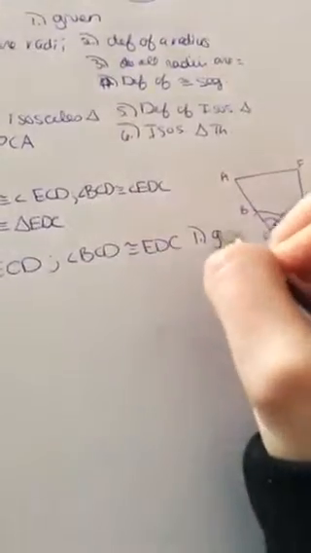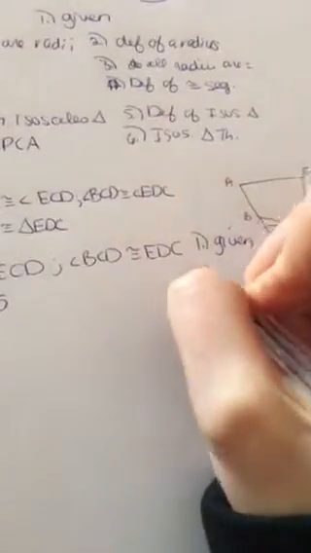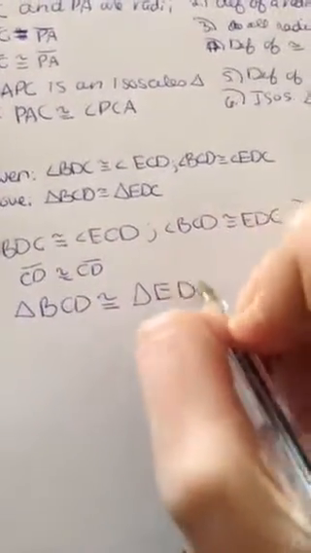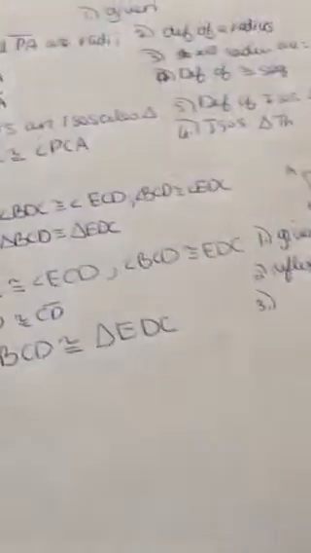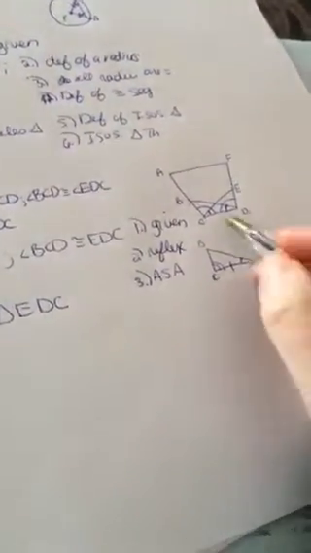Okay, so this is given. 2, CD is congruent to CD by the reflexive property. And I now have side angle side congruency. So I can say angle BCD is congruent to angle EDC by angle side angle congruency. The only way I could see this was by separating the two triangles. All right, and we're done.